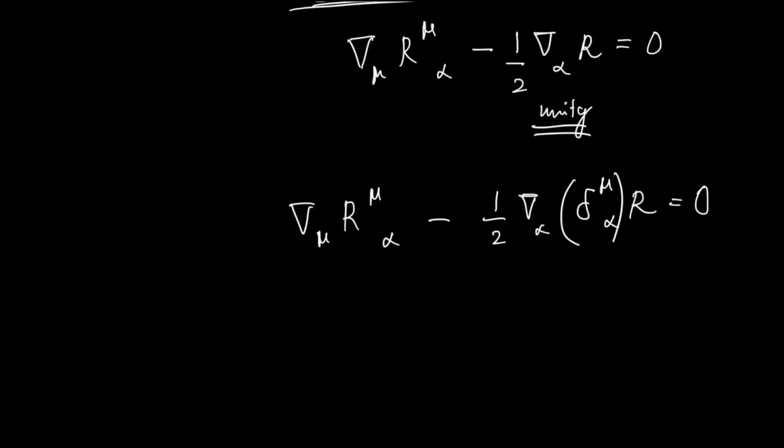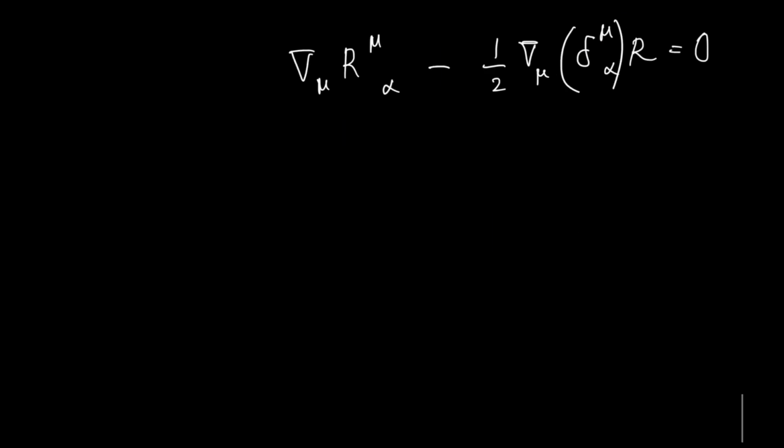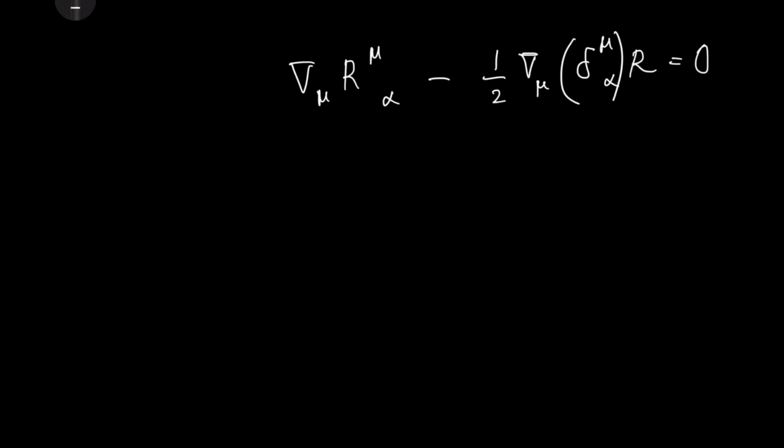So when I multiply with the Kronecker tensor, this will be mu, then you will get alpha. So these two are summed over and you will get the covariant derivative with respect to alpha, and that is sitting here, right?